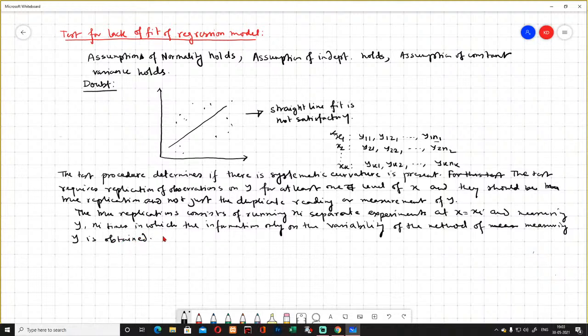These replicated observations are used to obtain a model independent estimate of sigma square.